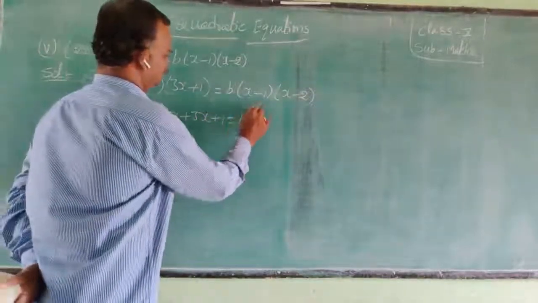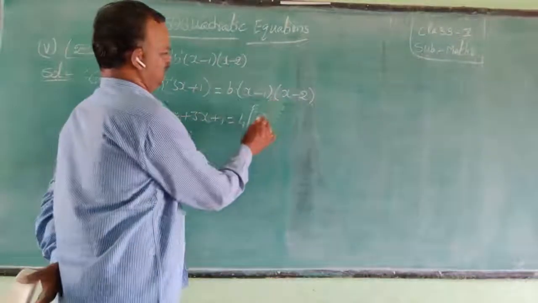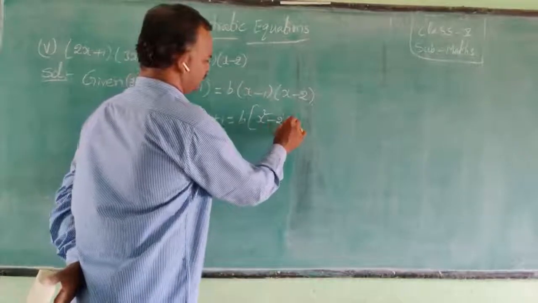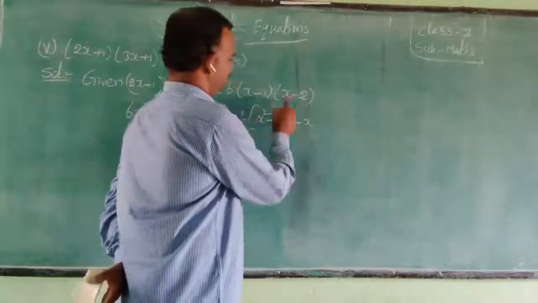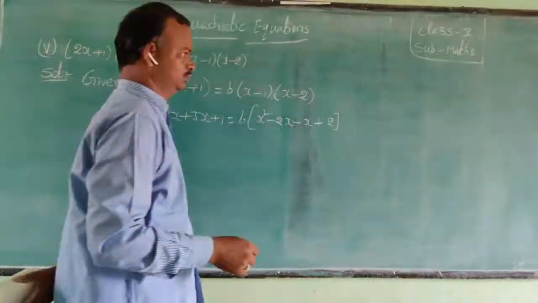Equal to b into, now multiplying x into x, x square. X into minus 2, minus 2x. Minus 1 into x, minus x. Minus into minus, plus 1 into 2, 2.